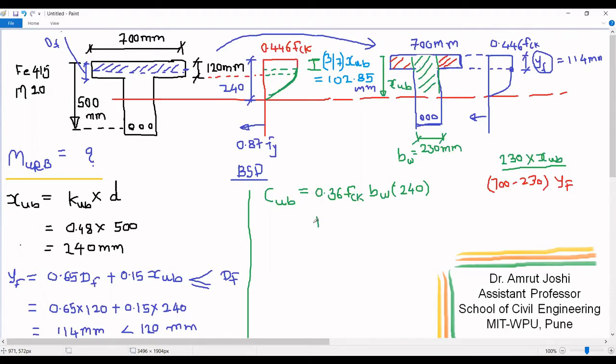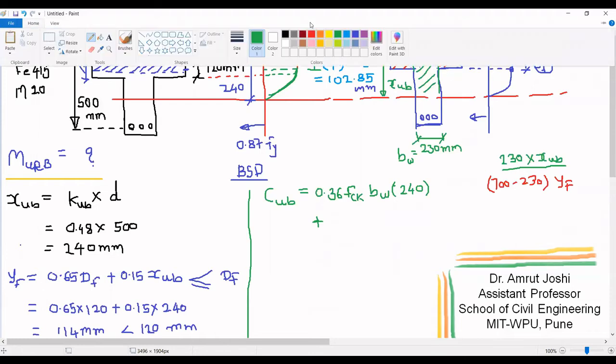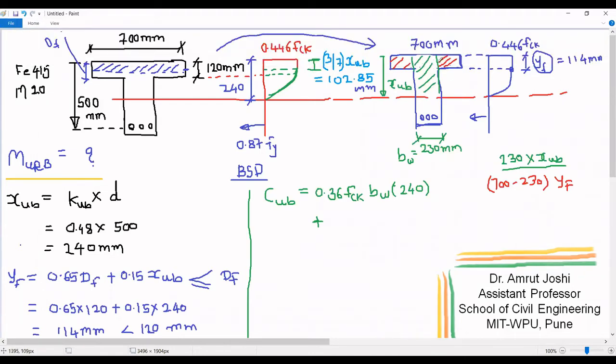Plus, now we will add the contribution of 700 minus 230 into YF. So what is the contribution? Its contribution will be 0.446 FCK into that area, because over the entire flange we are going to have the same value of compressive stress, that is 0.446 FCK.